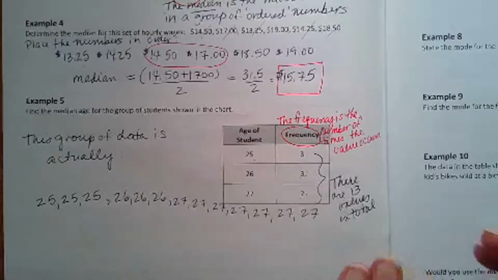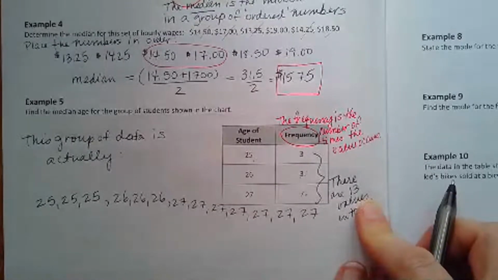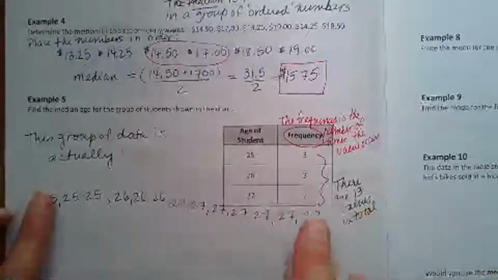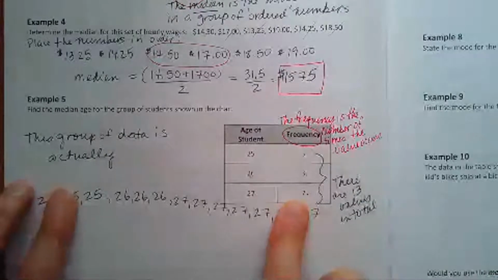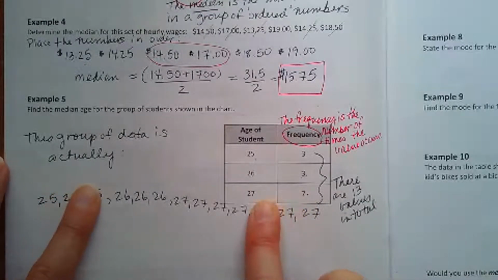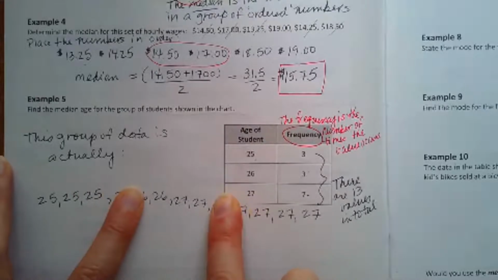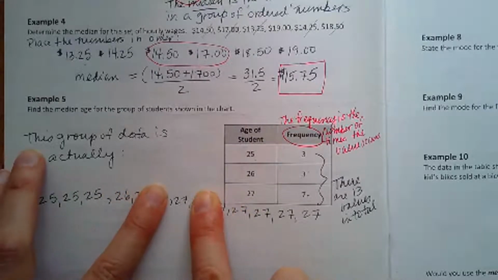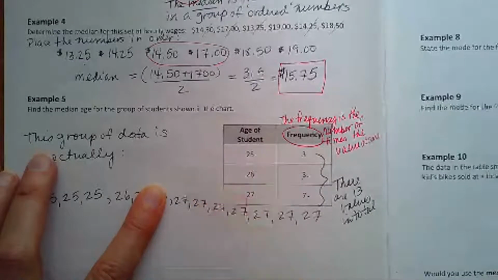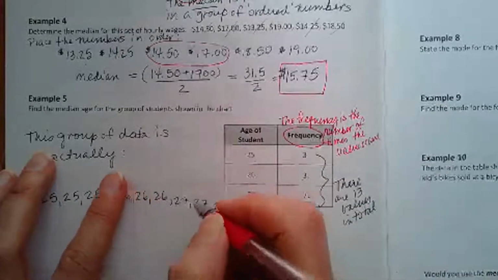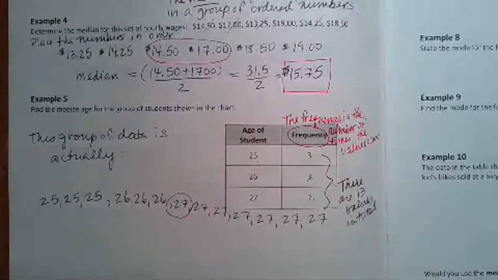So now let's find if it's an odd number, so there should be a middle value. So let's pair them off. These two are paired off, and then these two, and then these two, these two, these two, these two, and the middle value, the one who's left alone at the end, is this 27.